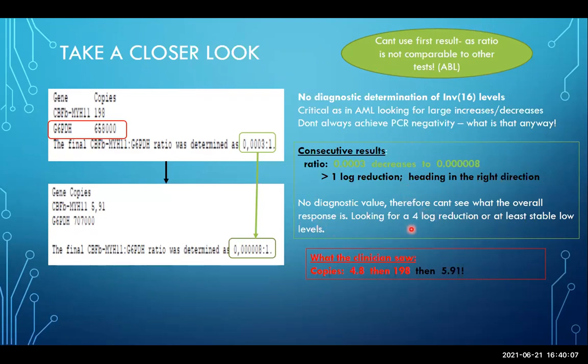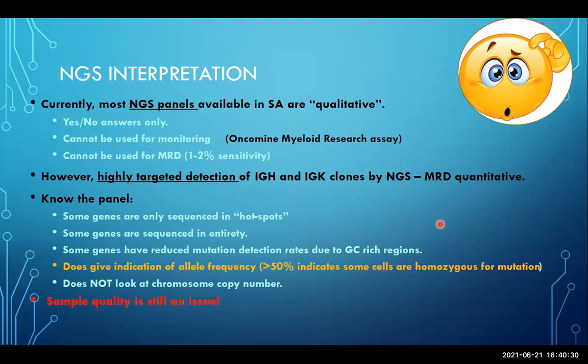When it comes to AML, you're looking for, as I say, a 4 log reduction or at least a stable low level. So you must be aware of what it is you're trying to achieve. Unfortunately, as the assays are getting more and more sensitive, you're going to find that more and more AMLs will still have positivity. So don't make that your end goal unless you're sure that that's what you want.